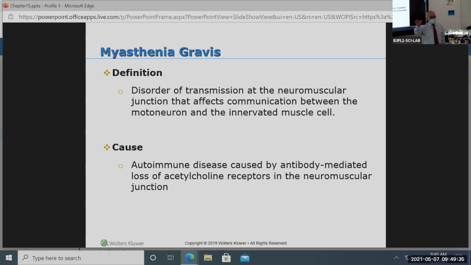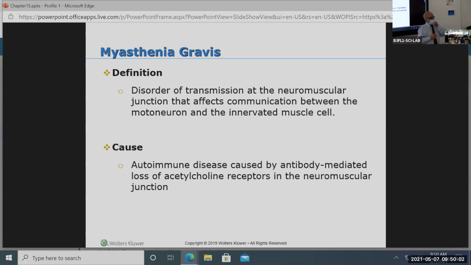After President Kennedy passed away, Jacqueline Kennedy married a business magnate, a ship merchant. His name was Aristotle Onassis. You can Google it. Aristotle Onassis suffered from myasthenia gravis.